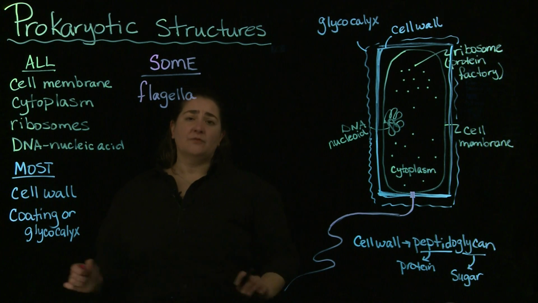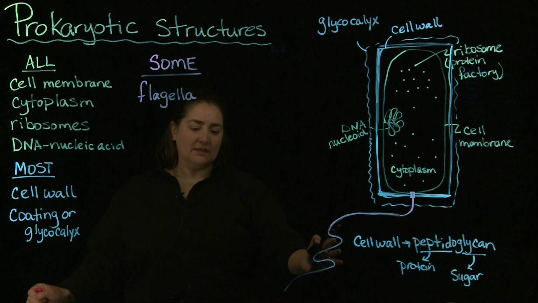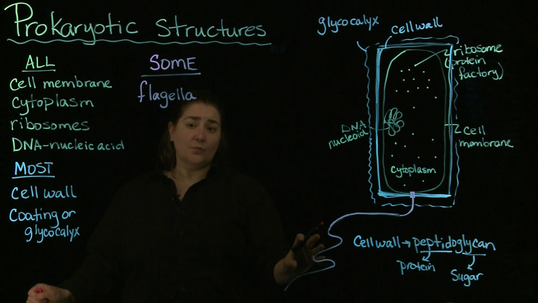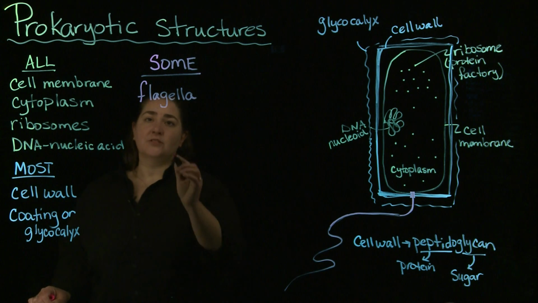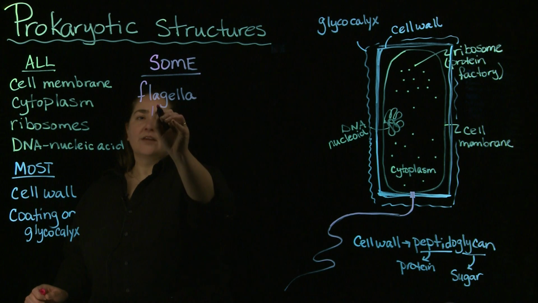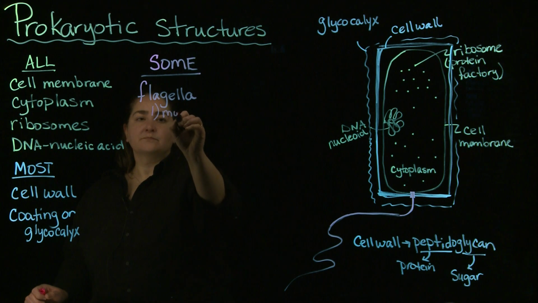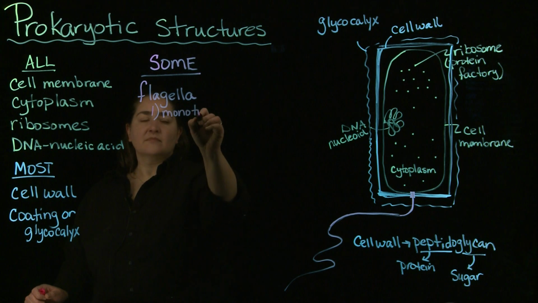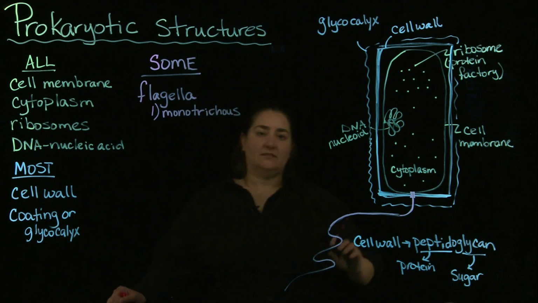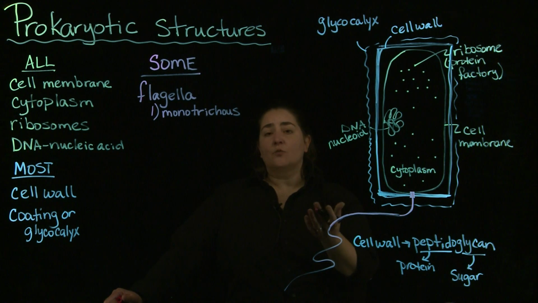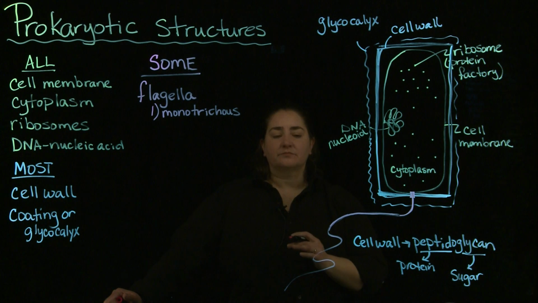With the flagella, we've got some classifications that we can do if the bacteria has a flagella on the outside of it. If there's a single flagella, like I've drawn there, it's known as a monotrichous flagella, mono meaning one, all right?